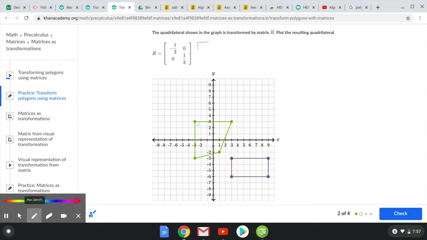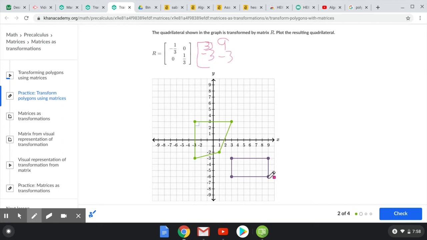Okay, so I'm going to make my matrix. So this point is 3, -3. So I'm going to write 3, -3. Sorry, it's so sloppy. Okay, so 3, -3. And then my next point is at 9, -3.